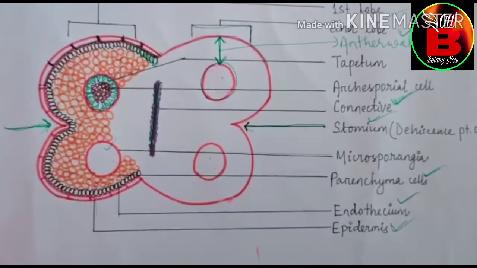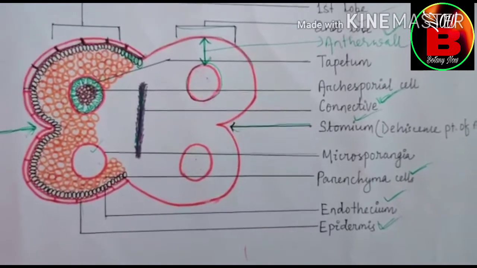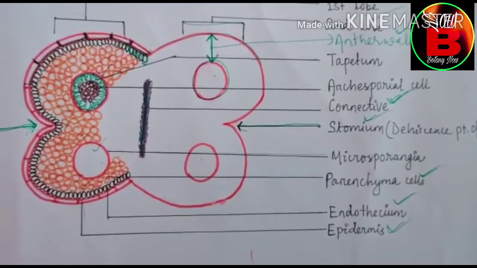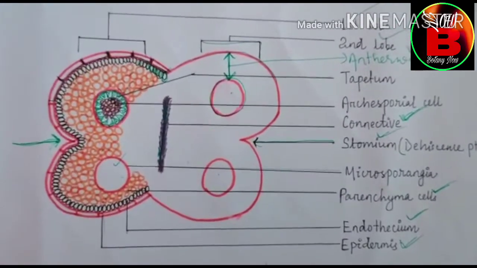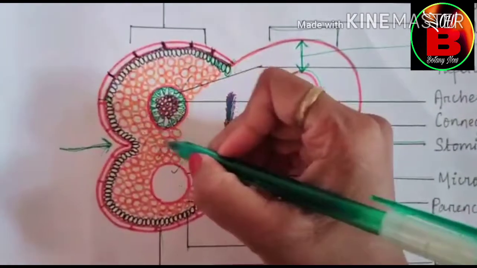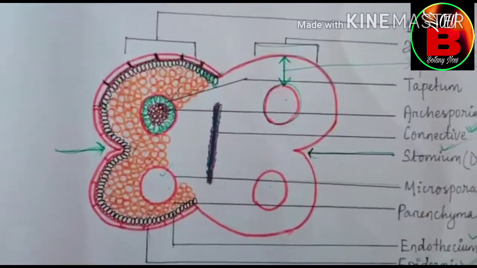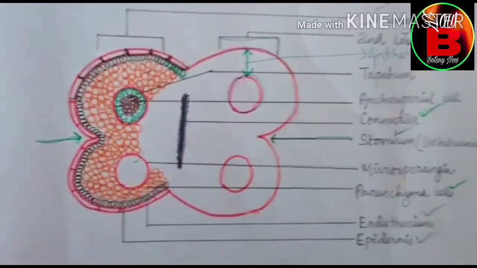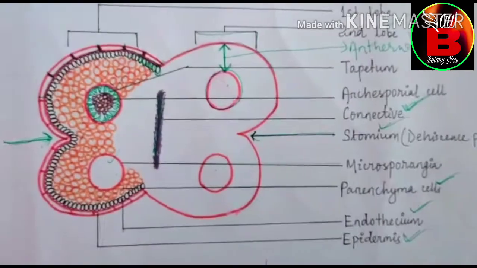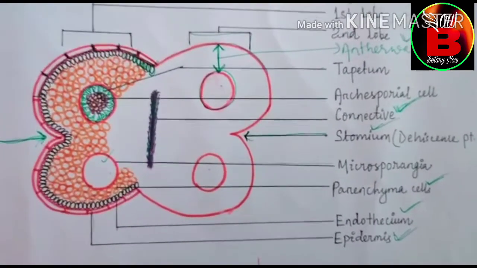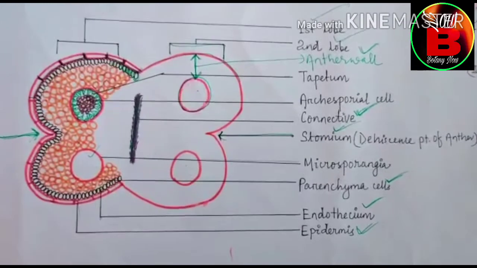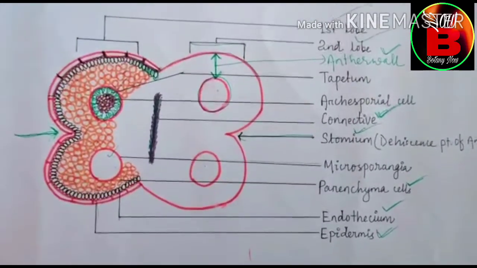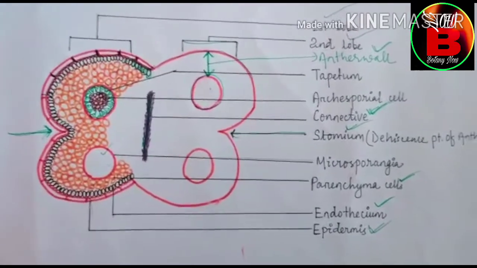Next to endothecium, there are 3 to 4 layers of parenchyma cells which are loosely arranged. It is the third layer, so it is called the middle layer, and these cells also help in dehiscence of anther.